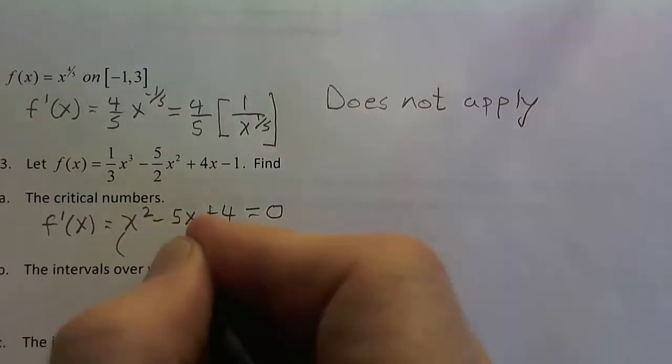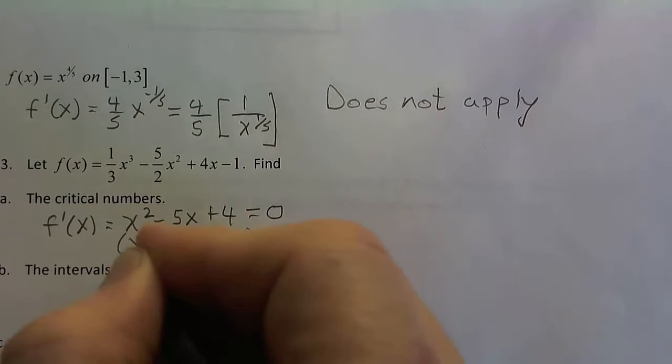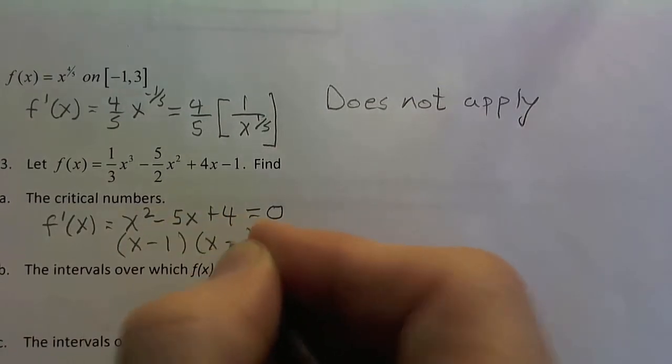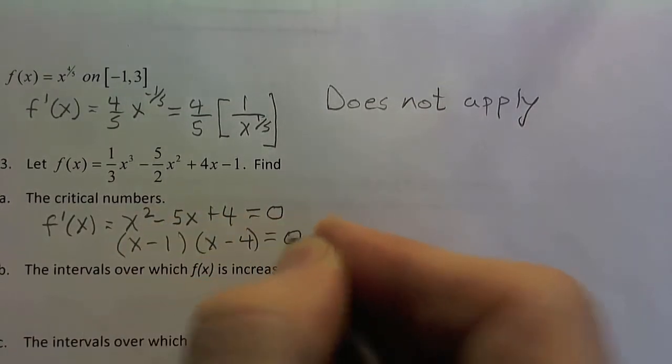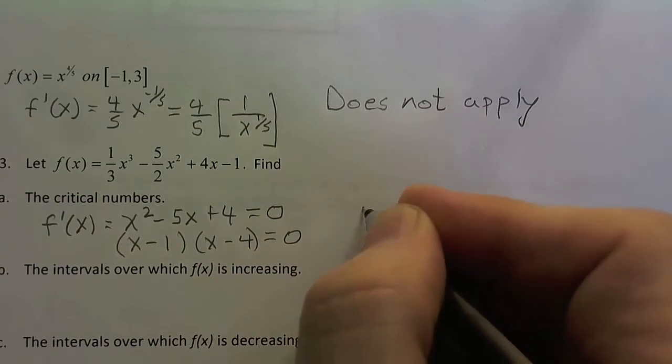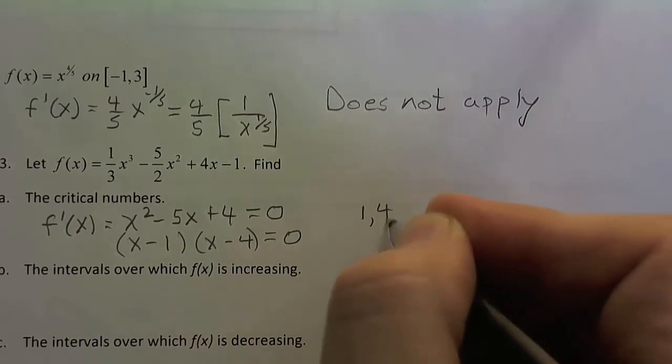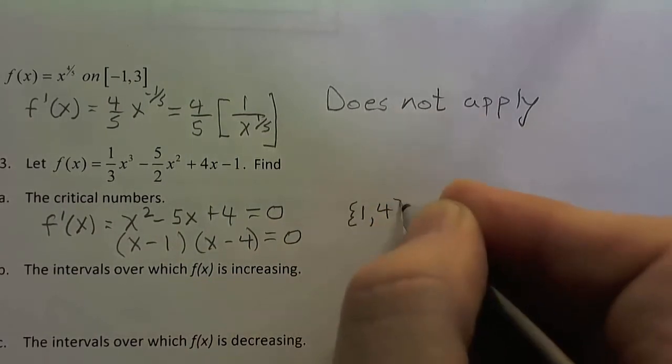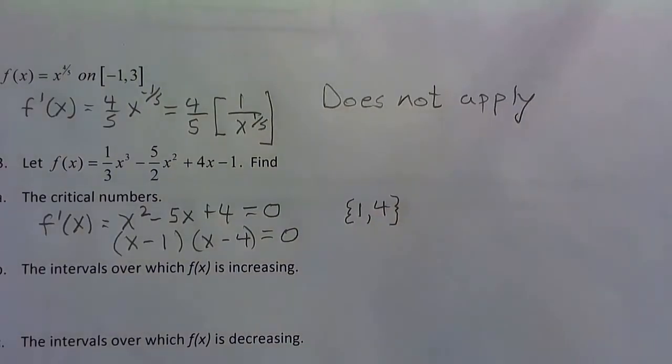So let's see what we've got here. Maybe it will factor. X minus 1, x minus 4. So we get critical numbers to be 1 and 4. These are our critical numbers right there. Now remember, we also find critical numbers by finding where the function is undefined. Set the denominator equal to 0. That's not something we have to worry about here.